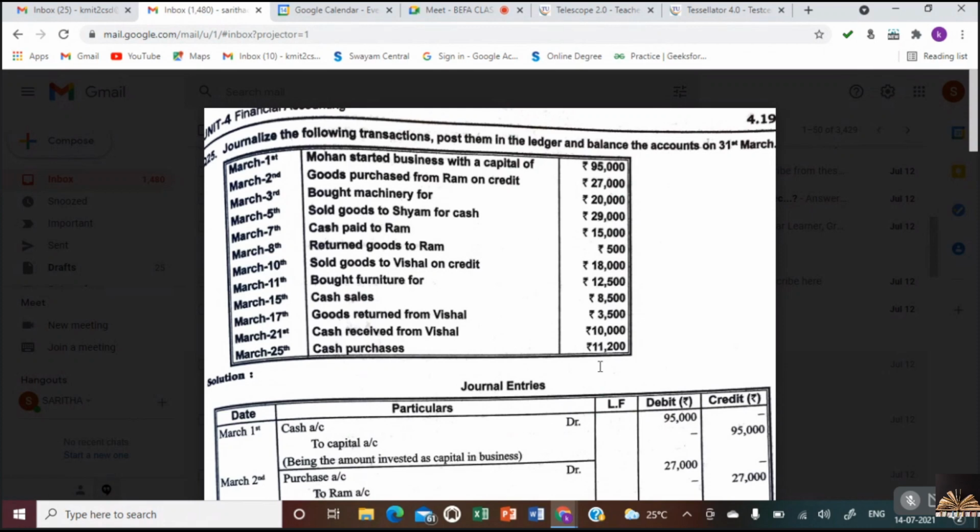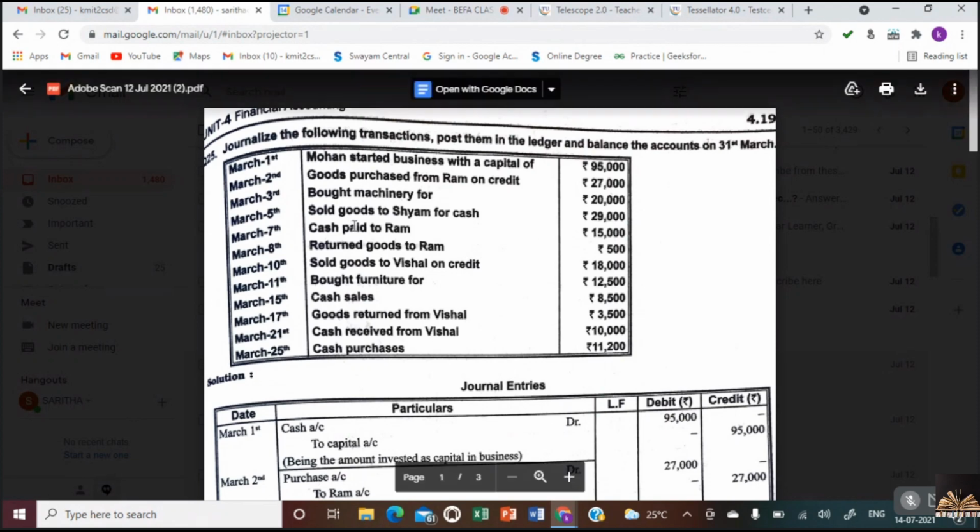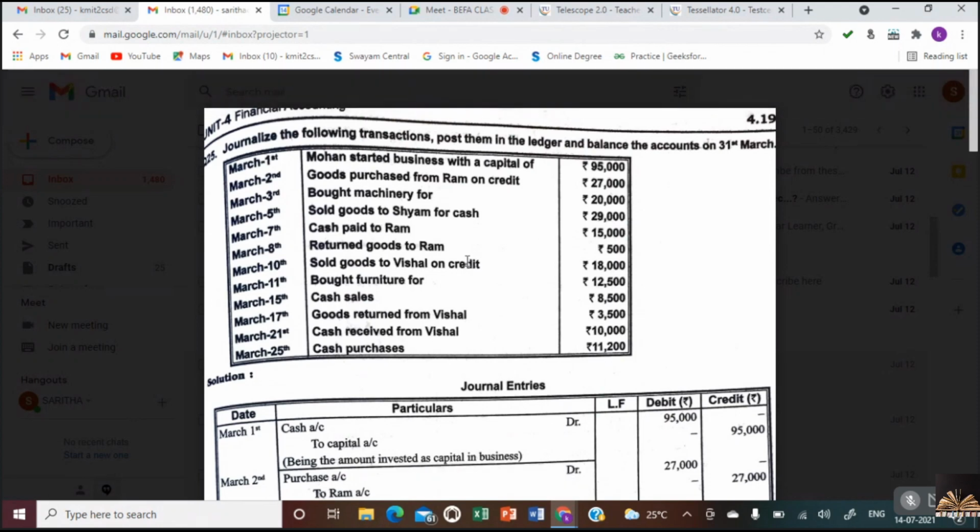It is not a short question; it is an essay, one full long answer. The second question is final accounts. He will give you the trial balance, and you need to prepare the final accounts, 3 statements: trading account, profit and loss account, and balance sheet. If you are just asked to journalize the following transactions, it would carry 6 or 7 marks. Is that clear, Nana? These are the expected questions.